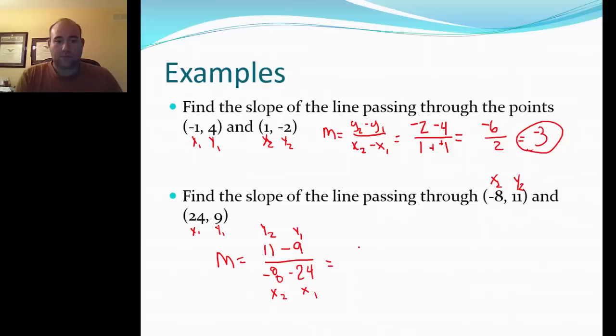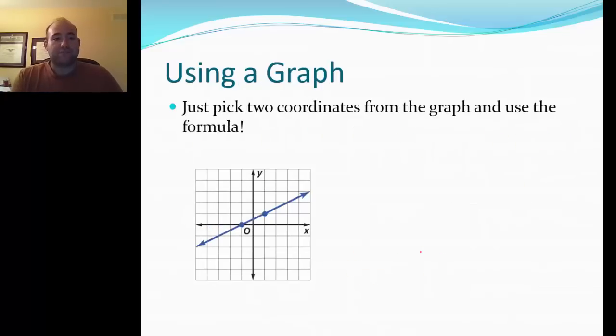We subtract. 11 minus 9 is 2. -8 minus 24 is -32. -1 over 16. That's my slope. So for every 16 units we move in the positive x direction, we're going to move 1 down in the y direction, okay? Now what if I gave you a graph?